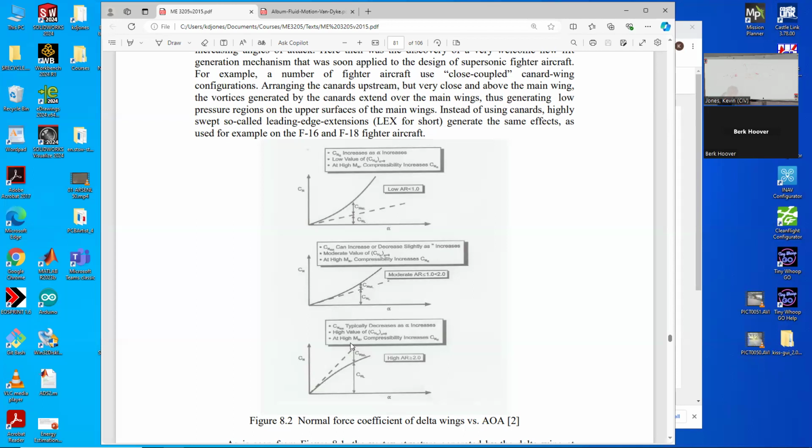And then for landing, they'll try to match this pretty close to the incoming flow to try to help it out for landings.